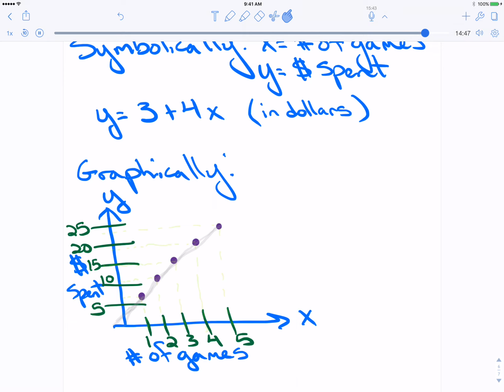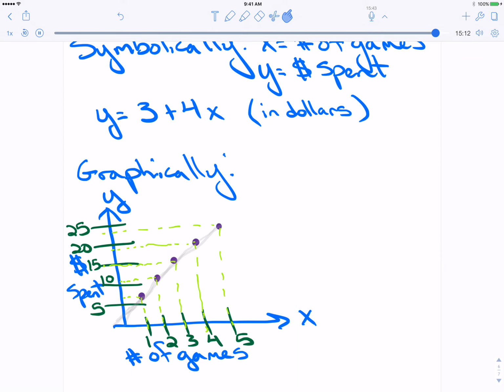To outline where that's coming from, I'm just going to draw in some little lines so you can see, right? 2 corresponded with 11, 3 corresponded directly with 15, and 4 with 19, and then 5 with 23, right?